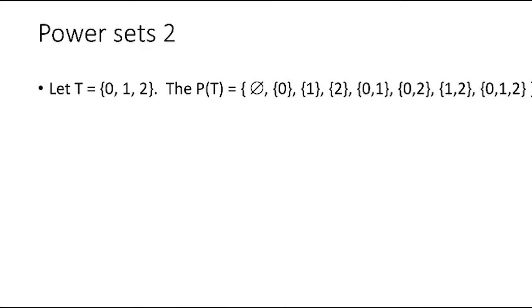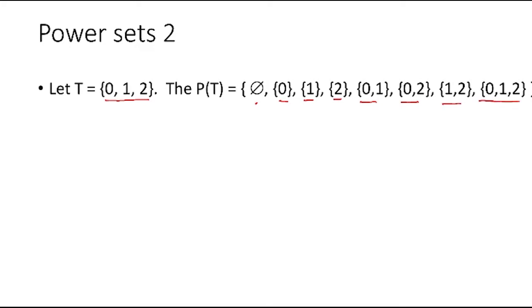Like I'm saying 0, 1, 2. Now look, how many possible cases are there? First will always be the null set. Then 0, 1, 2 as singleton sets, taken 2 at a time, and then taken 3 at a time, right?